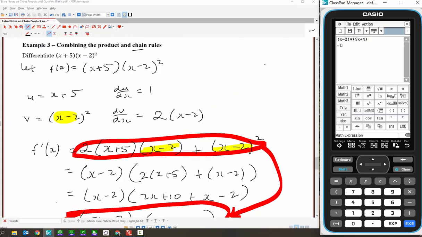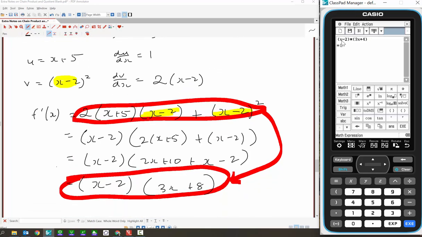And you're like, I don't really know how that answer came about. And first of all, this is my derivative and I wonder whether I'm right. So all you do is you type in the back of the book's answer and then you say, is it equal to 2, x plus 5, x take 2 plus x take 2 all squared.